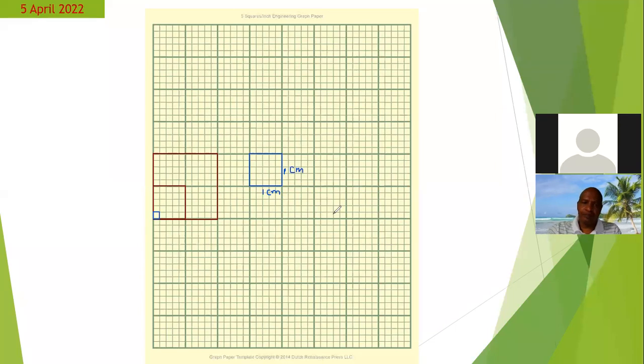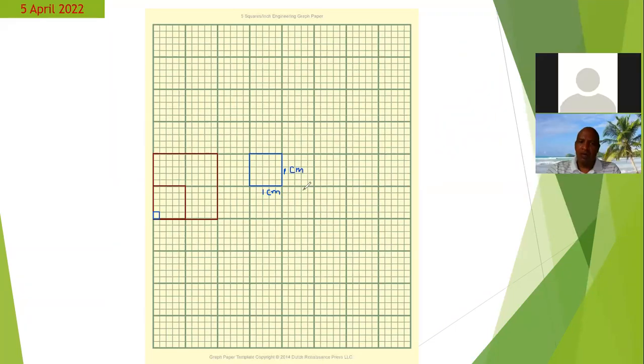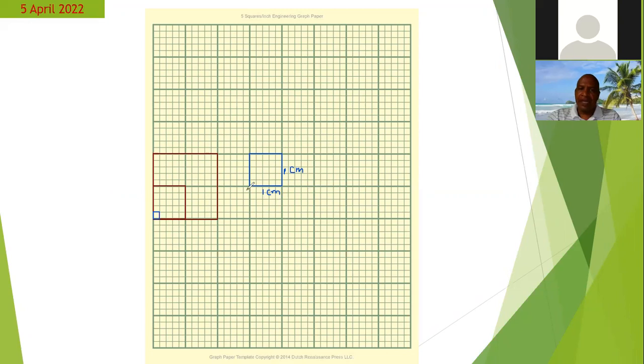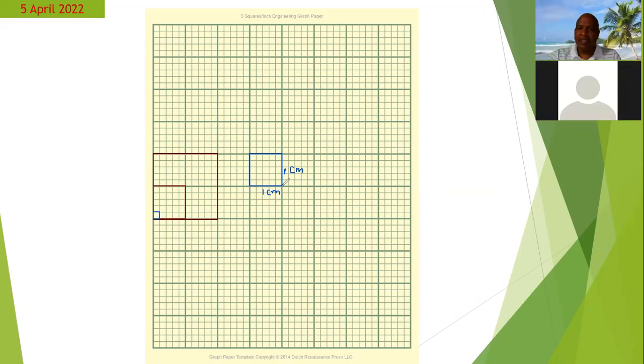All right, good. Now, if the length of this medium-sized box is 1 centimeter, can somebody tell me what would be the length of one of those tiny boxes? The actual length of one of the tiny boxes will be how much? 0 point.